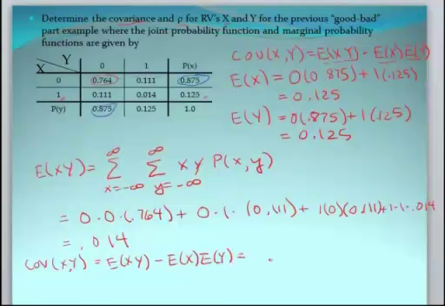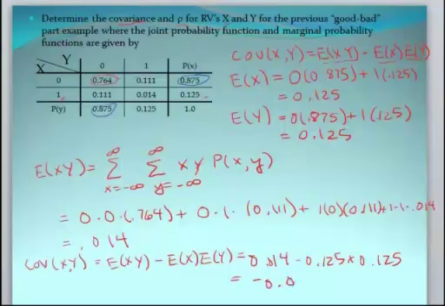And that is just 0.014 minus 0.125 times 0.125, and finally, last but not least, that becomes minus 0.002.